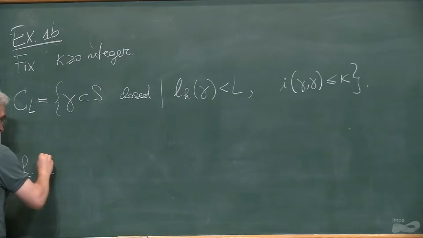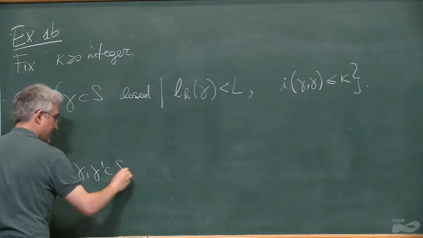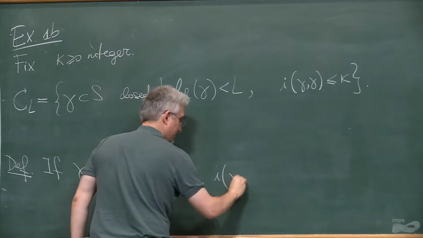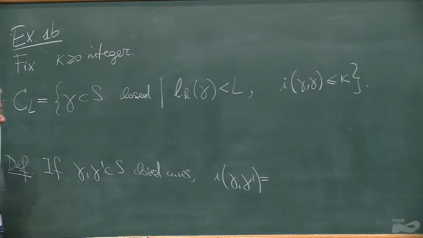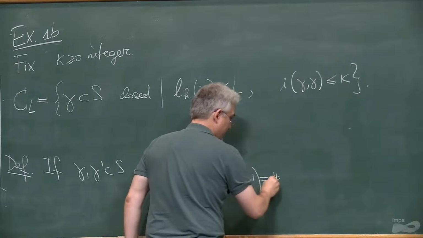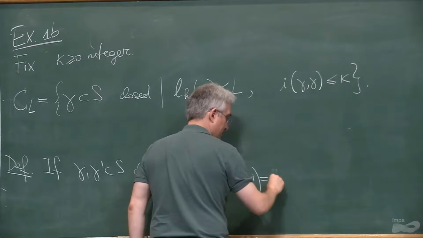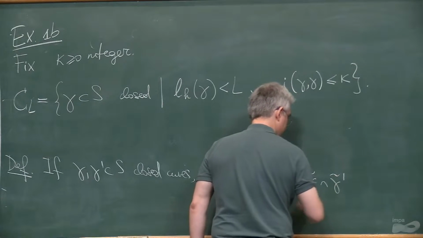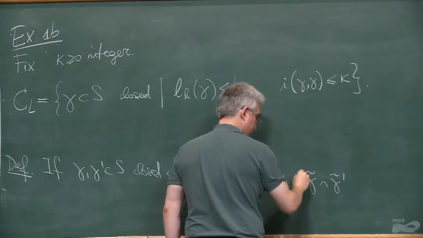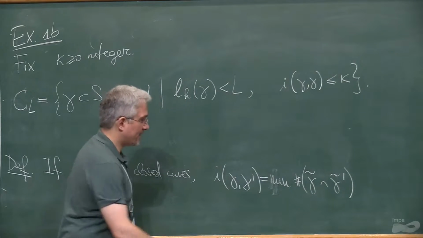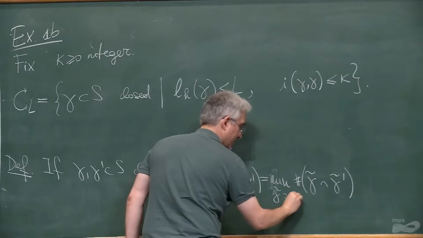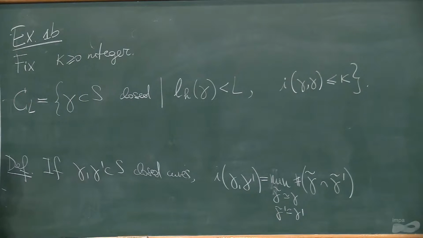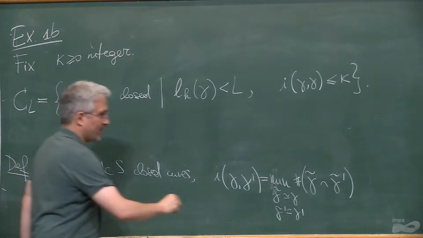If gamma and gamma prime in S are closed curves, we can define I of gamma, gamma prime to be the minimum number of intersections, where gamma tilde is homotopy equivalent to gamma, and gamma tilde prime is homotopy equivalent to gamma prime. So this is a geometric intersection number.